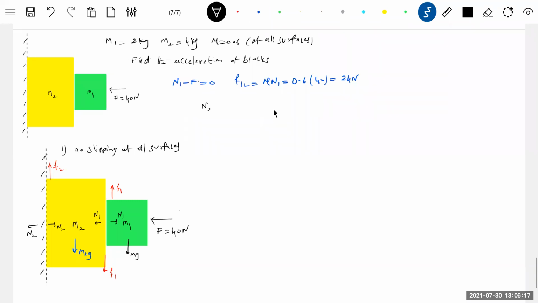Then N2 minus N1 equals 0. N1 equal to F, so therefore N2 equal to N1, which is equal to F, 40.